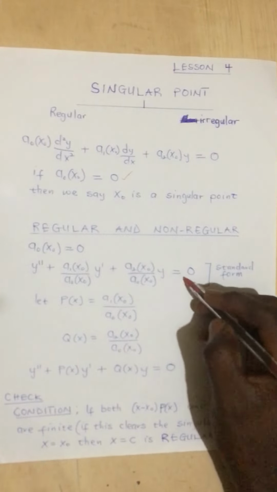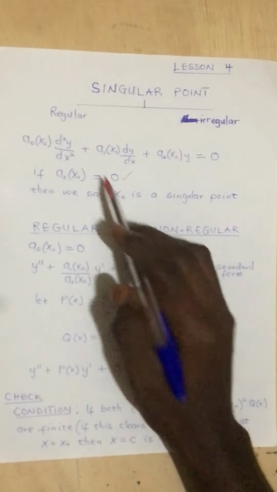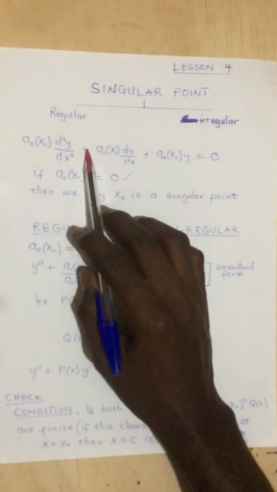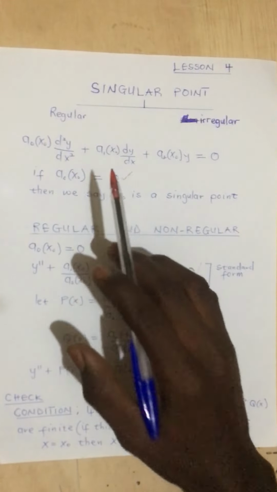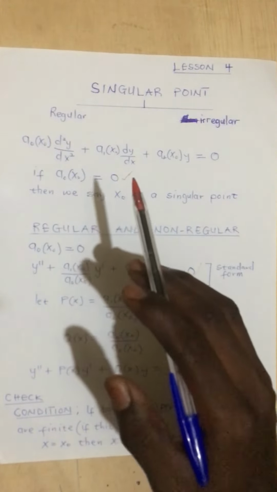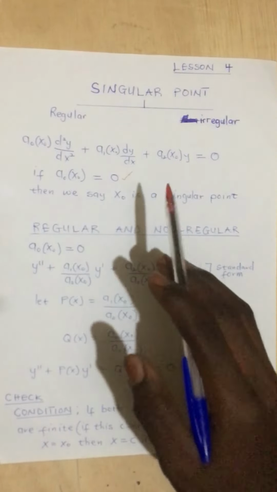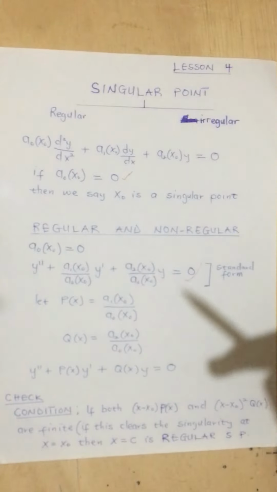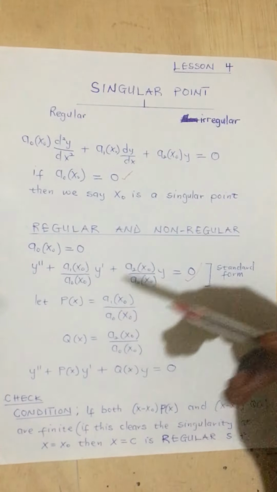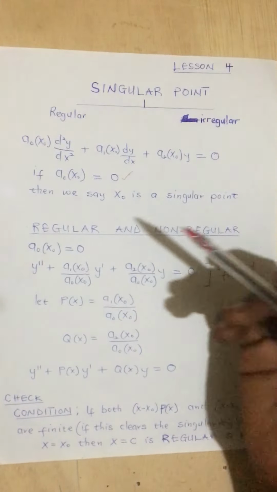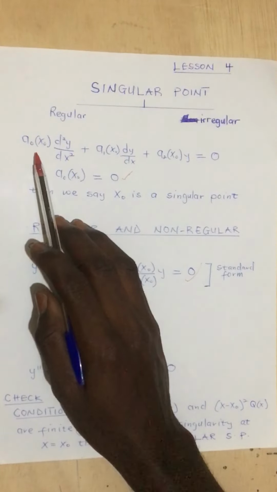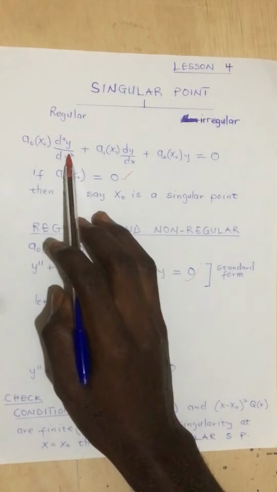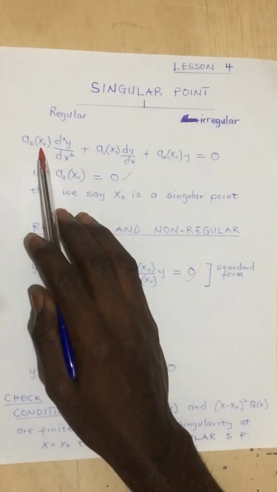a second order differential equation, so this is our second order differential equation. Before we continue to look at regular and irregular singular points, we make sure we find the standard form of the equation. To find the standard form, we divide by the coefficient of the second order, which is a0 x0.